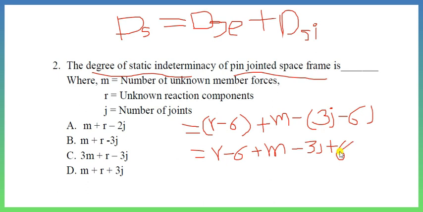So this 6 will get cancelled and the remaining equation gives the degree of static indeterminacy for the pin jointed space frame. So it will be R plus M minus 3J. Option B is the correct answer for this question.